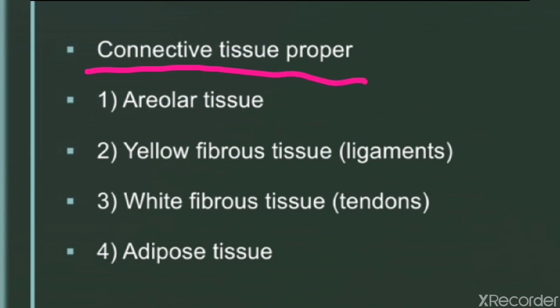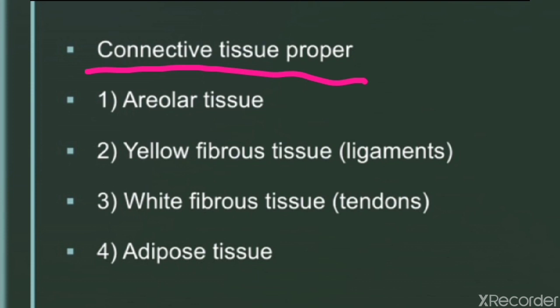The main function of connective tissue proper is to connect various parts of the body. This tissue connects one bone to another bone, muscles to bones, and gives support also by filling up spaces between the organs. If there is a space between the organs, that space is filled by this tissue, connective tissue proper.